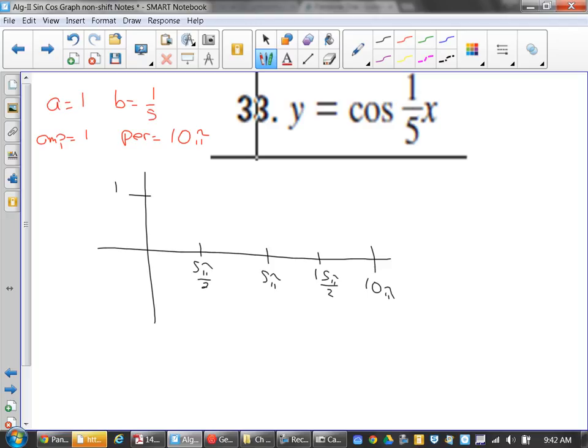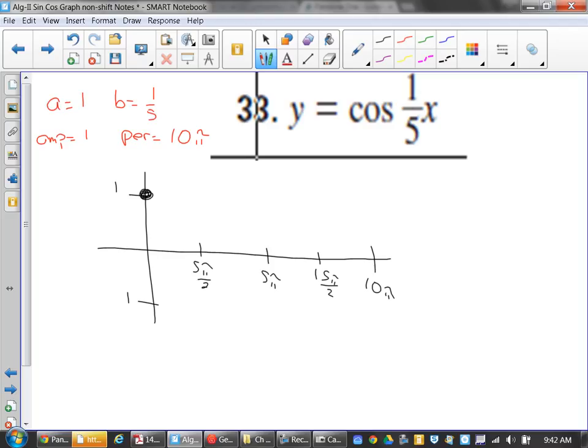Your A value is 1, so that doesn't change. This is a cosine problem, so you go back to the idea: when the cosine of x is 0, what is the answer? 1. So what you're doing here is substituting in 0 for x. Well, 0 times a fifth is 0. Cosine of 0 is 1. 1 times 1 is 1. So it starts here.